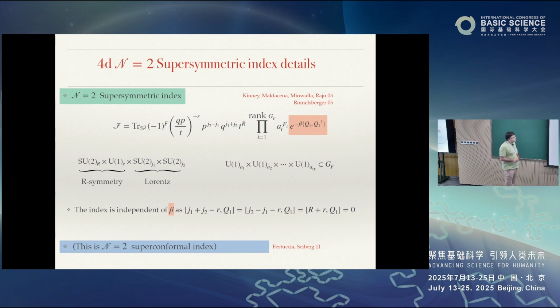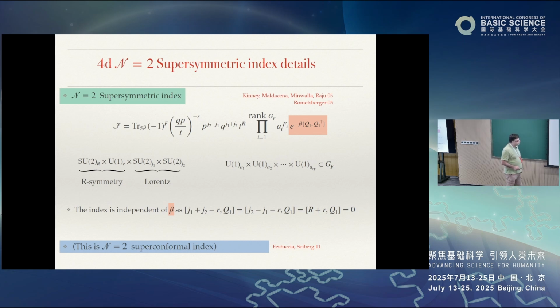So in principle, this is an N equal 2 supersymmetric index, and if we have a U(1)_r, you may think that it is defined only for superconformal theories, but you can think of it also as some N equal 1 index, and as such, it can be defined for non-conformal theories. So that's how Römelsberger originally defined this index.